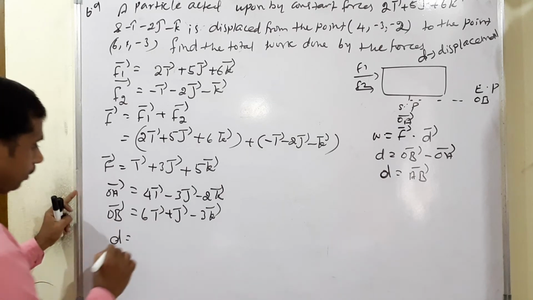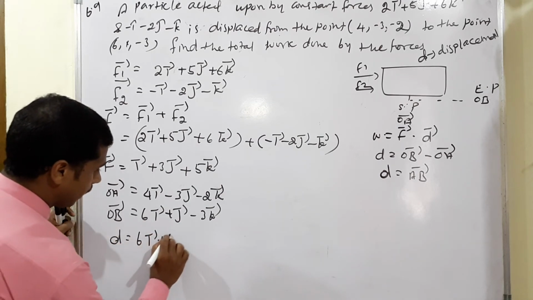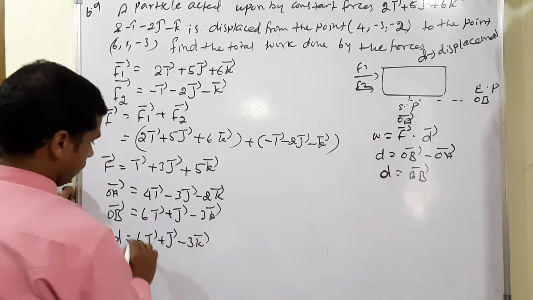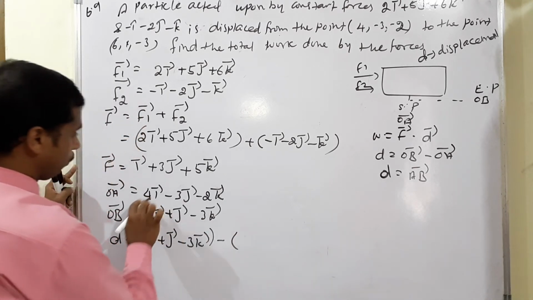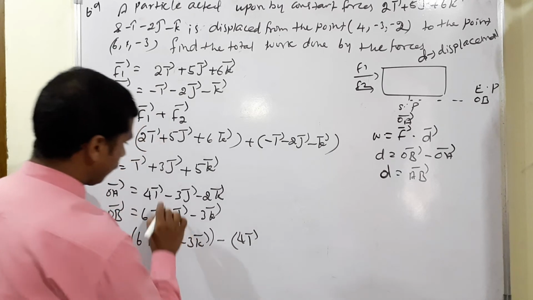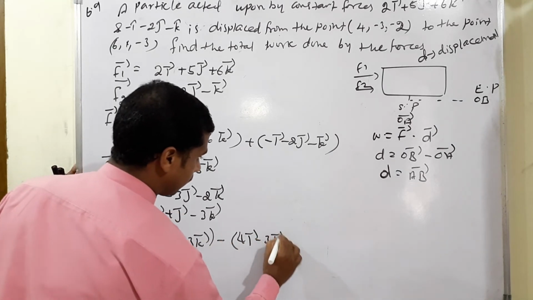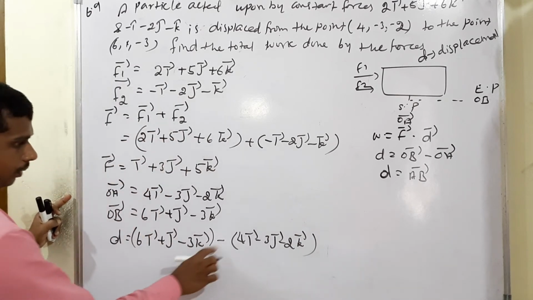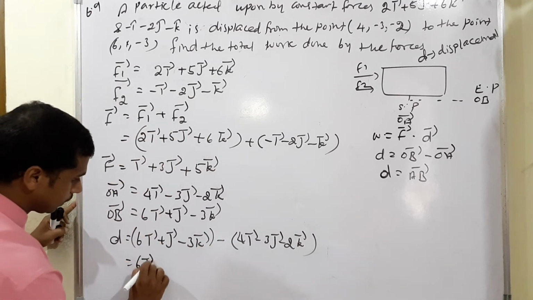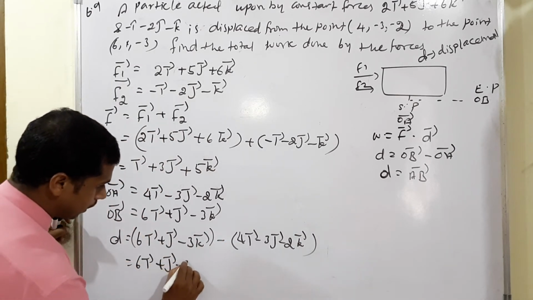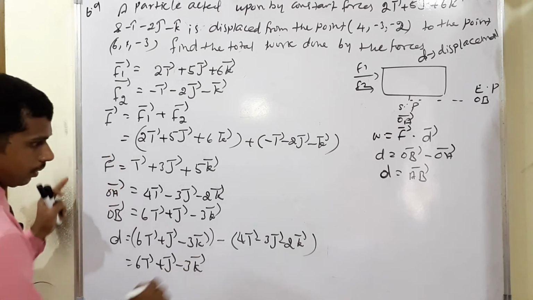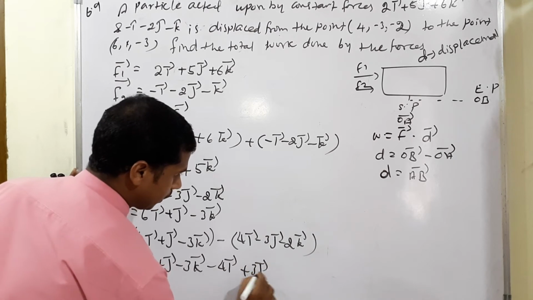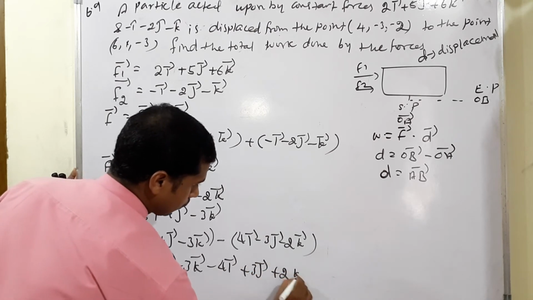OB is equal to 6i plus j minus 3k vector, then minus OA, which is 4i vector minus 3j vector minus 2k vector. Removing the bracket: 6i vector plus j vector minus 3k vector, minus 4i vector plus 3j vector plus 2k vector.